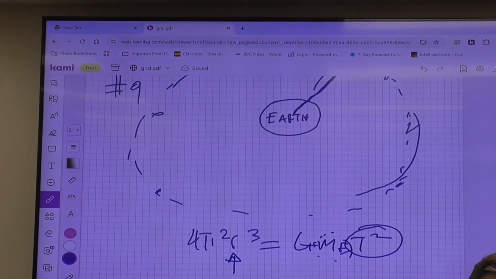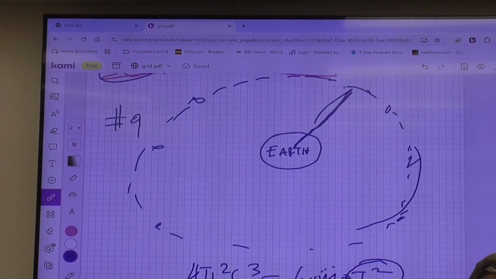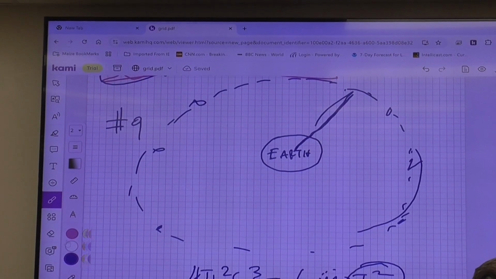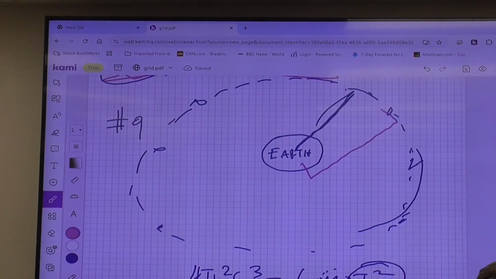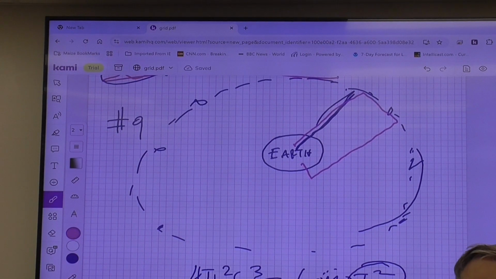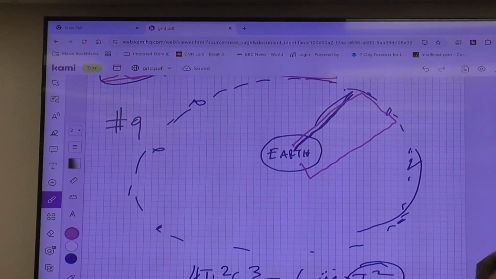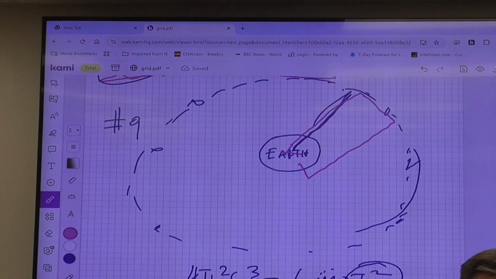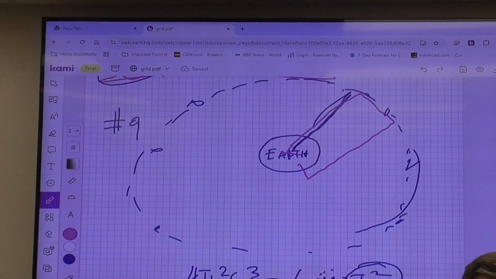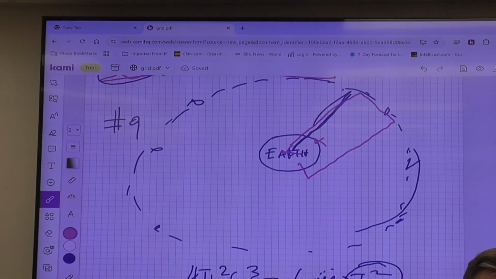Now, here's what's important. This r, when you get it, is the distance from the center of the Earth out to where that satellite is. When you actually use your phone, you're not in the center of the Earth. Where are you? On the surface of the Earth.